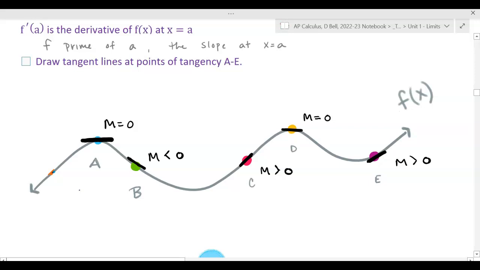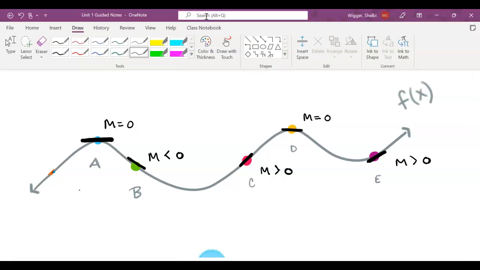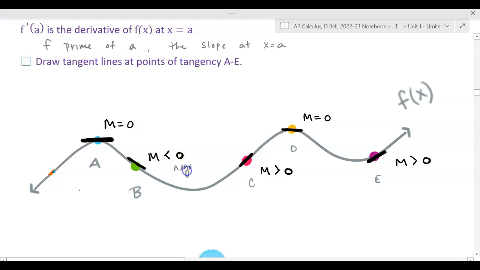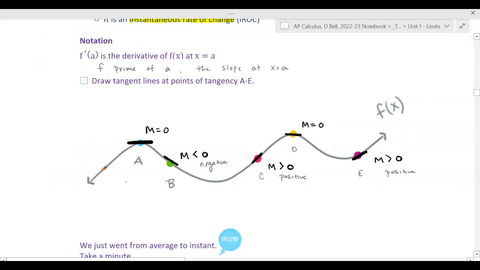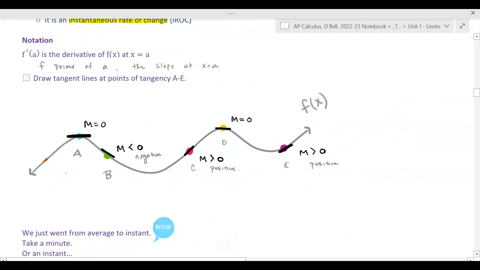At B, the slope is going to be negative because the function is decreasing at that point. At C, it's going to be positive. So m is less than 0, meaning it's a negative slope. M is greater than 0, meaning it's a positive slope. And again, at point E, we have a positive slope. Function is increasing at point E.